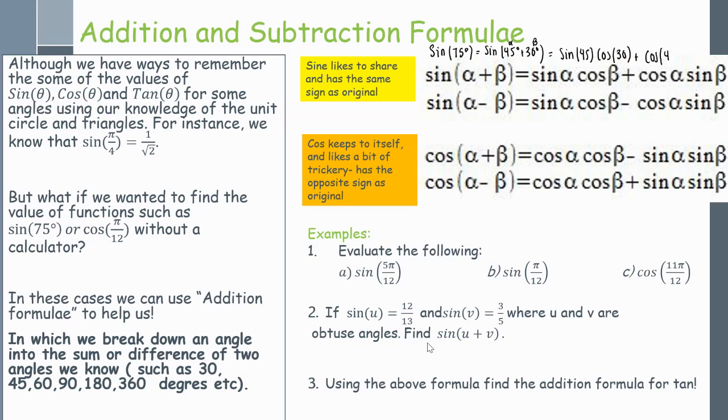We have an alpha plus a beta. Alpha is my 45, beta is my 30. So I could say that sine 45 cos 30 plus, then the other way around, cos 45 times sine 30. And I add these values together. That way I can find what sine 75 degrees is.